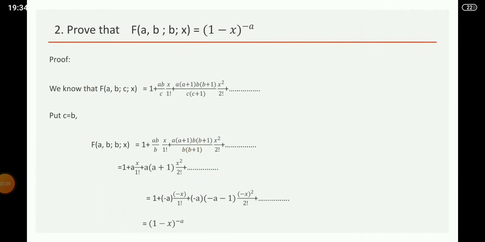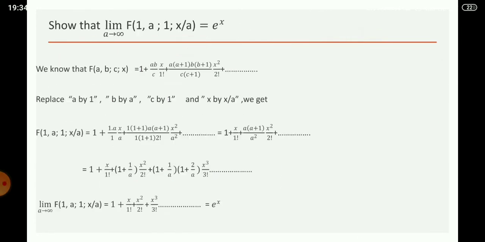Right. Now we come to the next question, which is: show that the limit as a approaches infinity of F(1, a; 1; x upon a) is equal to e raised to power x.